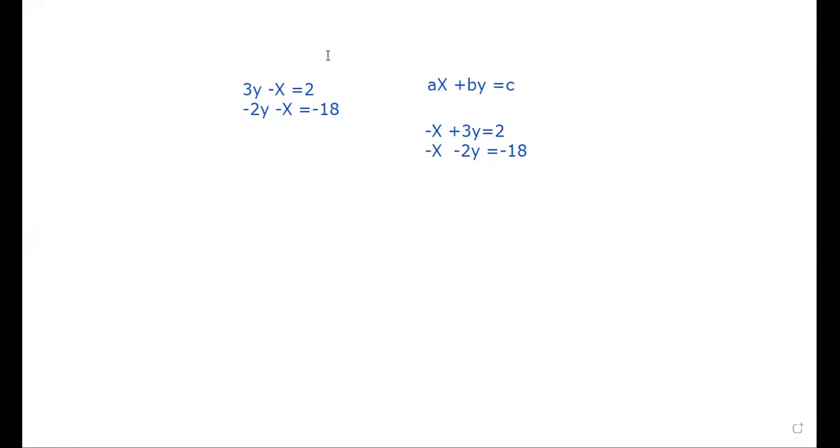Then they are the same, so we have to subtract. How will we subtract? We will change the sign for all terms in the first or second equation? The second equation.